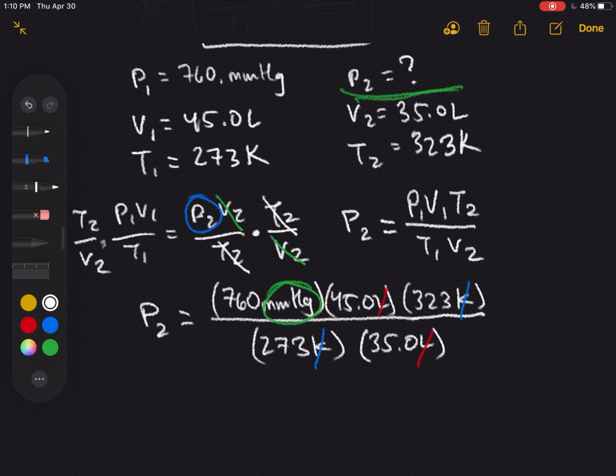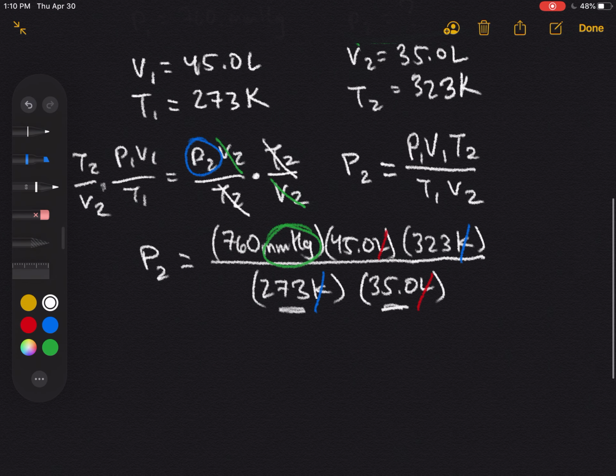If I'm punching this into a simple scientific calculator, this is how I would enter it. I would type in 760 times 45 equals times 323 equals, and then I would divide by 273, and then hit equals, and then divide by 35, and then equals. I'm very liberal with my use of equals.